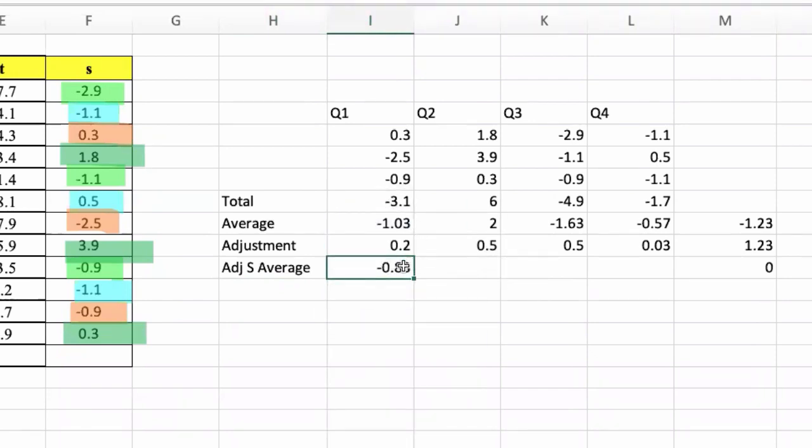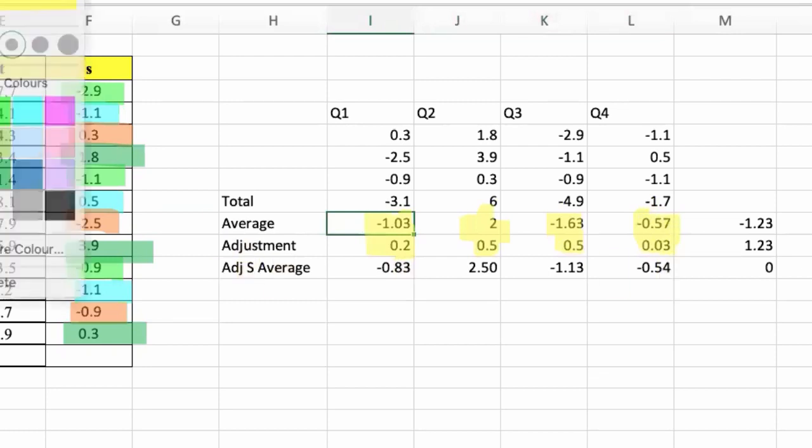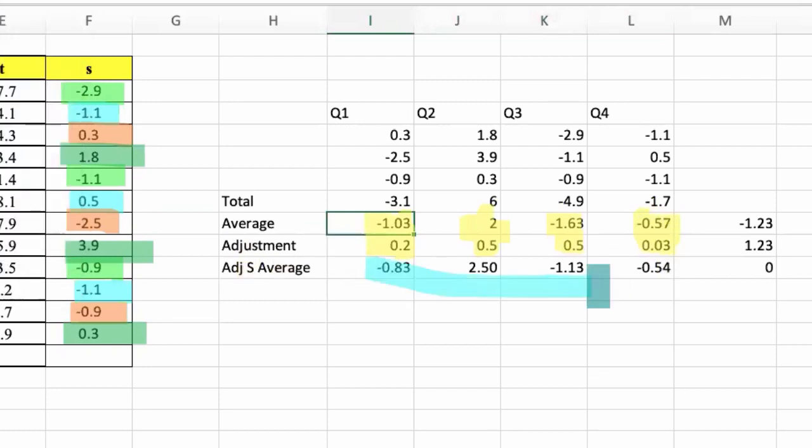So everyone's going to have different answers here because you're all going to be using whatever adjustments. So you're adding these 2 together, you're adding these 2, and these 2 to give you the resulting answers that I've highlighted in blue. So that's your answer for part 1.